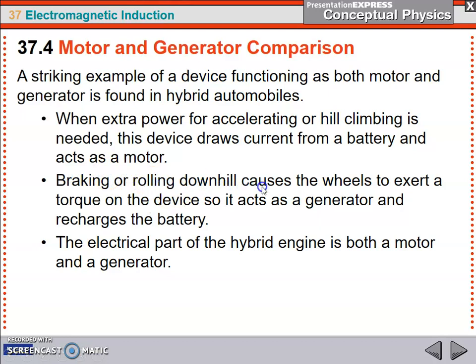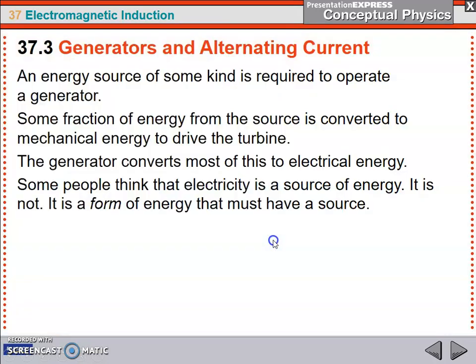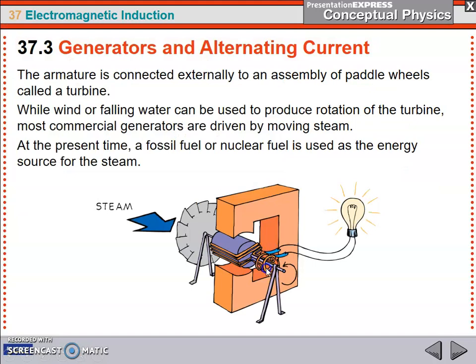Braking or rolling downhill causes the wheel to exert a torque on the device so it acts as a generator and recharges the battery. So when you're braking, this is moving and they take the power and it generates electricity and they take the electricity out and put it into the battery.